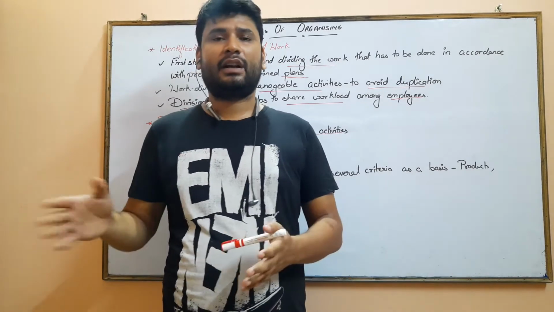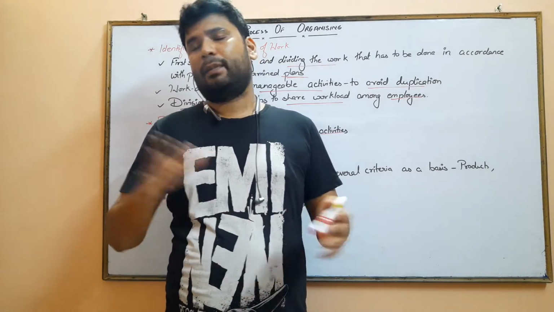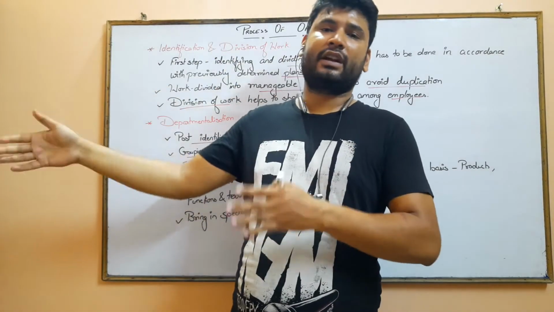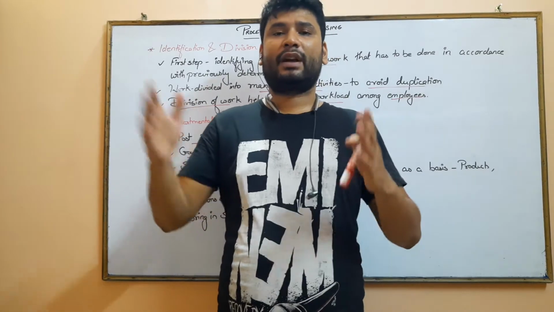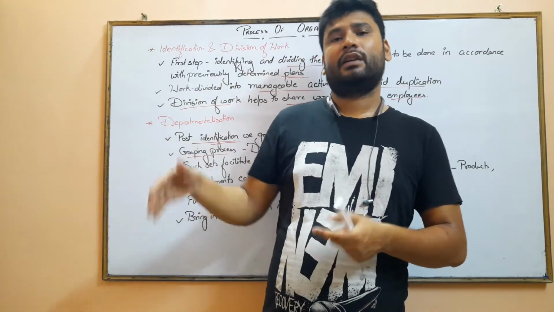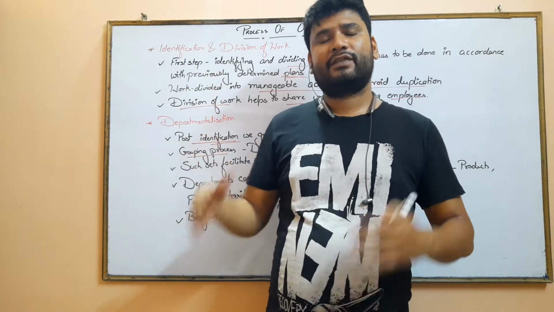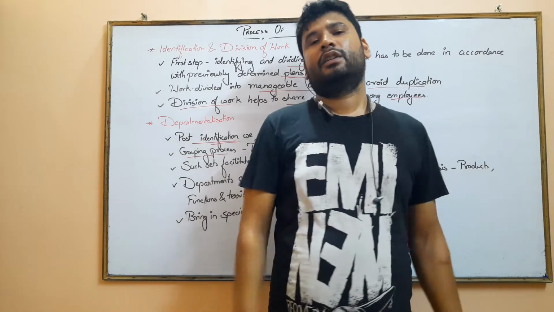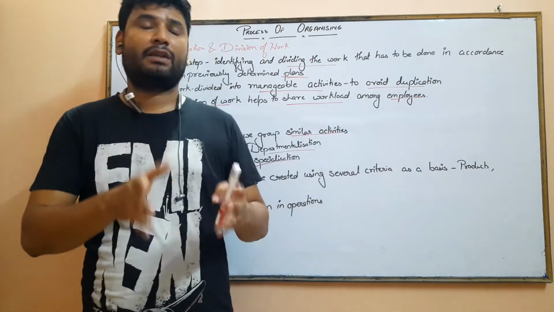So these companies divide the departments on the basis of different products. For example, one department is looking after toffees, one department looking after the making of notebooks, one department looking after biscuits, one department looking after cigarettes, one department looking after clothing. So they are divided on the basis of the products.